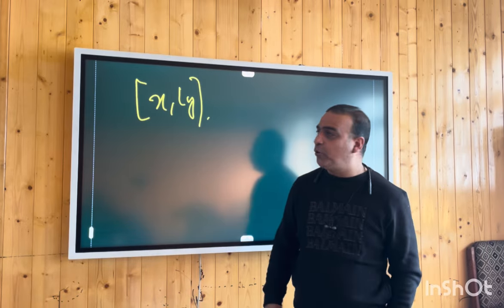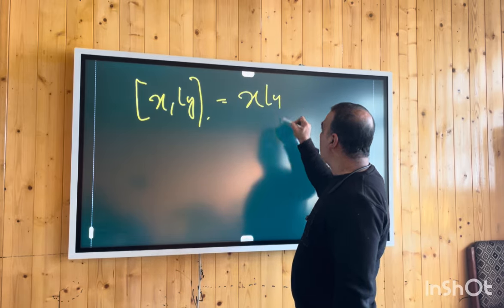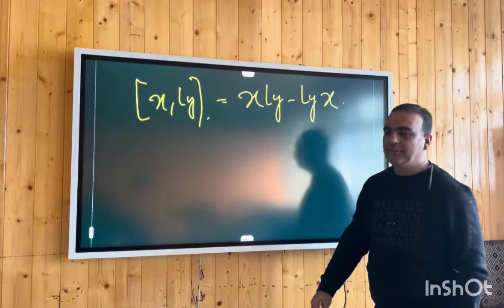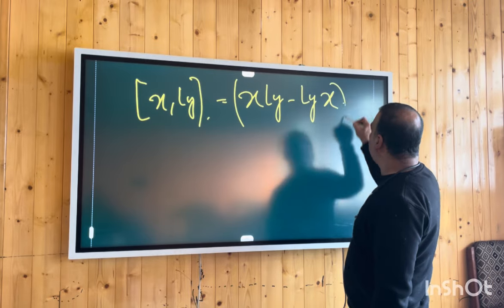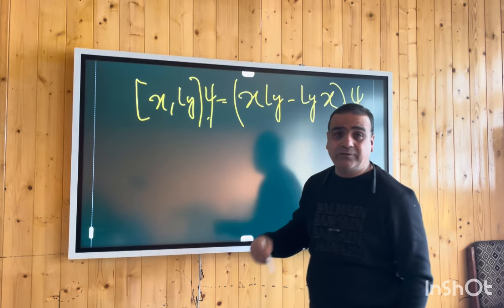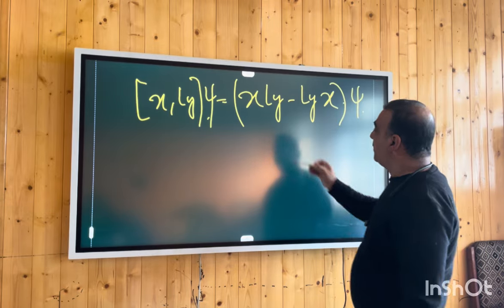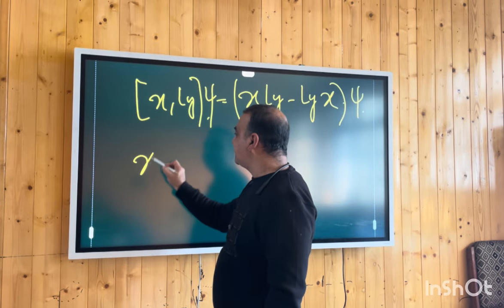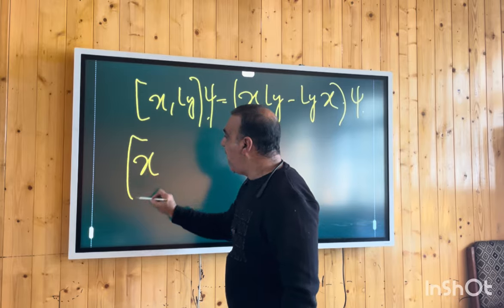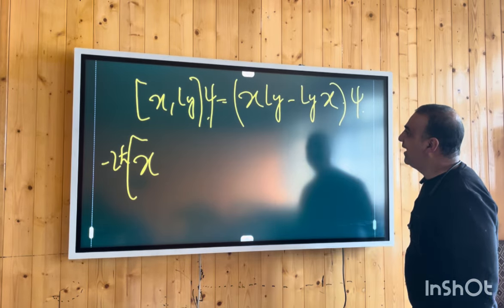So what are you going to do here? You will have the same story: xLy minus Lyx, and you will operate this on the eigenfunction, and then finally you will remove this once you have resolved it. So what you'll have is x, now I have Ly. The outside I will have minus iħ, I want to get that out.